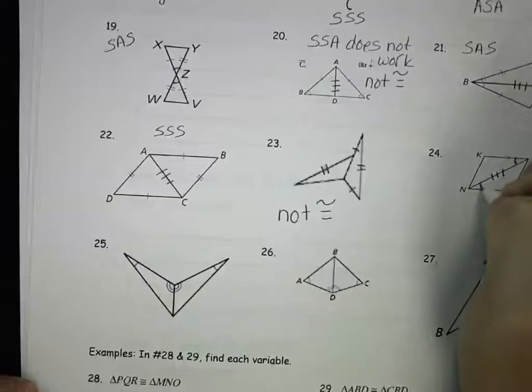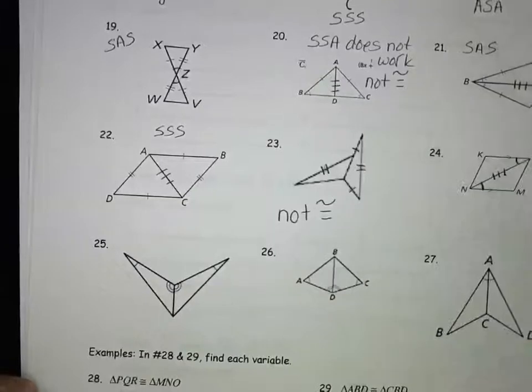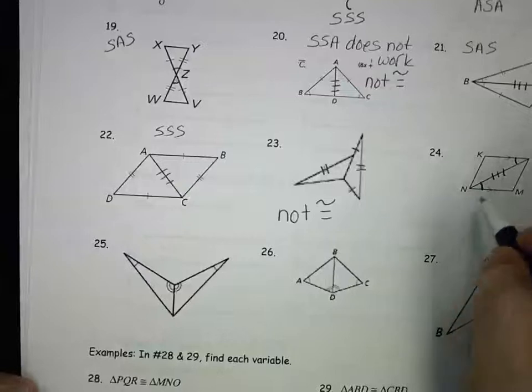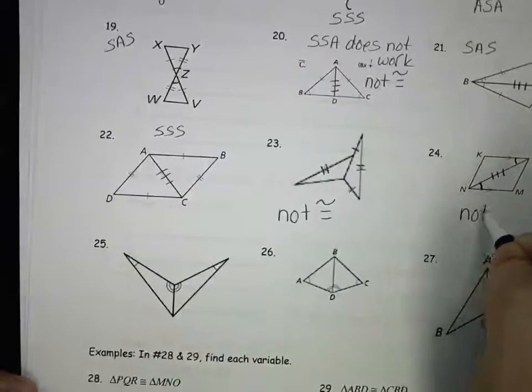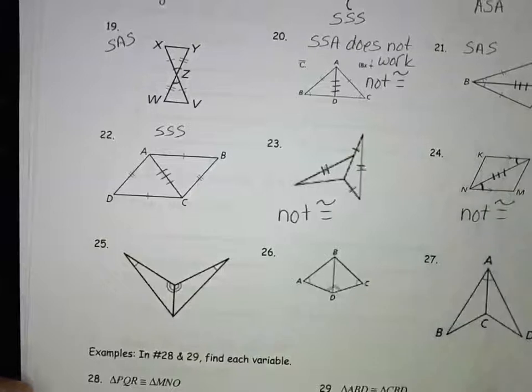And you could say that those are congruent to itself. And you don't have anything else there that you can say is congruent. So we cannot prove those are congruent because there's not enough information.